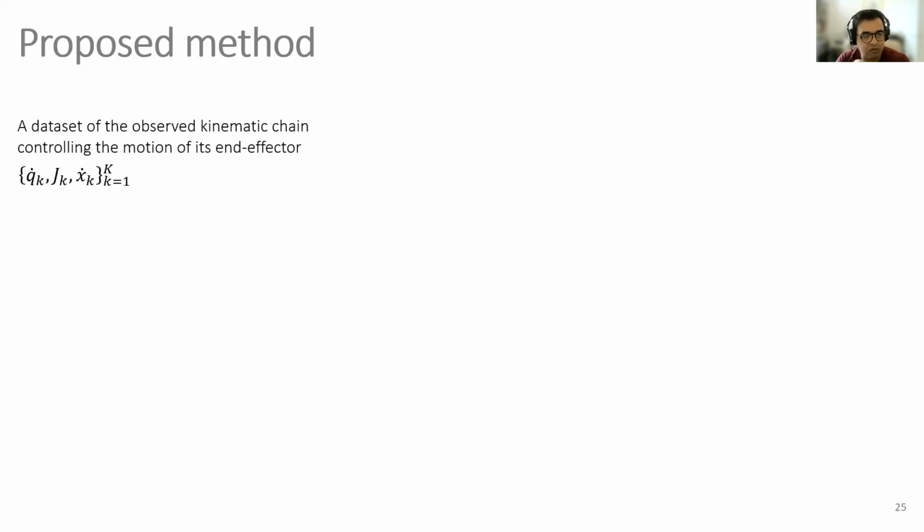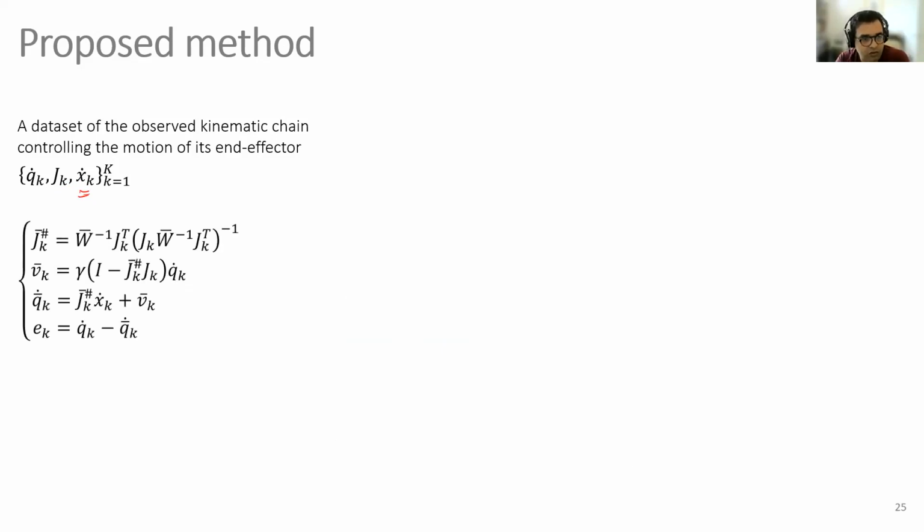So I start with a data set of observed kinematics. I observed this kinematic chain. It gave me a data set of k data points of joint velocities, Jacobian and end effector velocities. This is a bit redundant, but I put it anyway. So the formulation that I use is this.